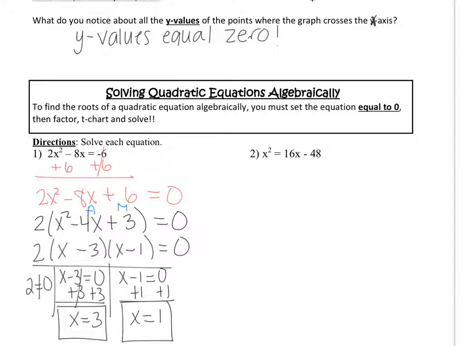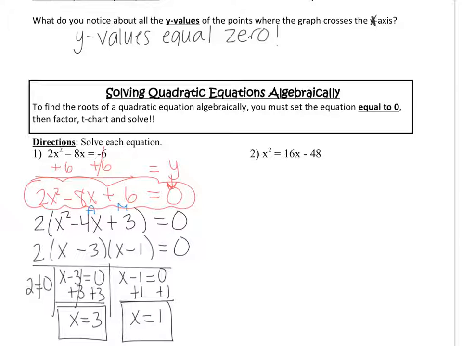Now, some of you may be asking, how can I check this? If you take out your calculators and you put this into the y equals, you see y equals 0, put it into the y equals, you'll see where the graph crosses the x-axis. It'll cross here and here. So if you'd like, now you could pause the video, take out your calculators, and see that that works.